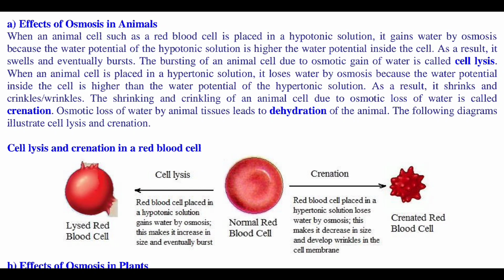As a result, it shrinks and wrinkles or crinkles. The shrinking and crinkling of an animal cell due to osmotic loss of water is called crenation. Nice. It's called crenation.